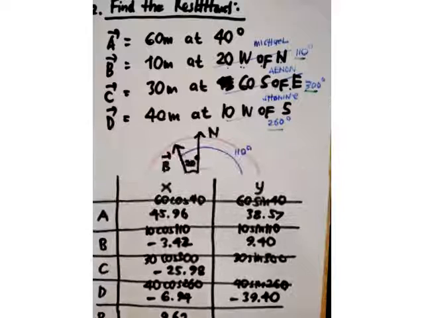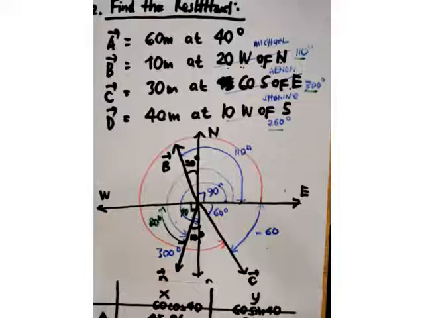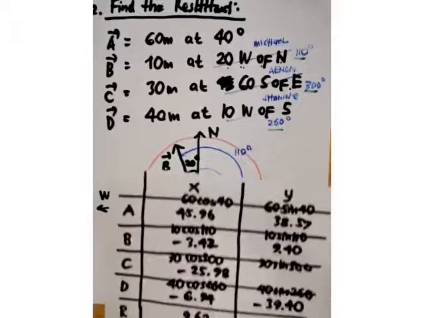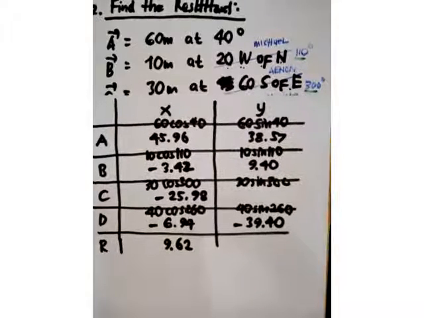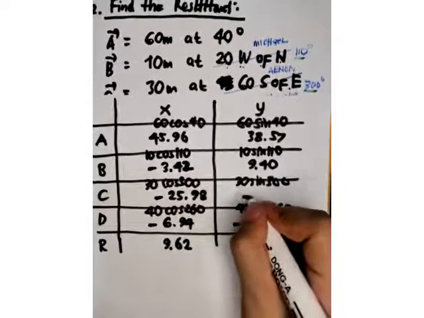Anong angle? 110? Ay 300. Parang magpapareho lang sila kung 45 degrees eh. Pero, teka. 15 yung isa. 15 yata yung X. Base sa calcio ko.